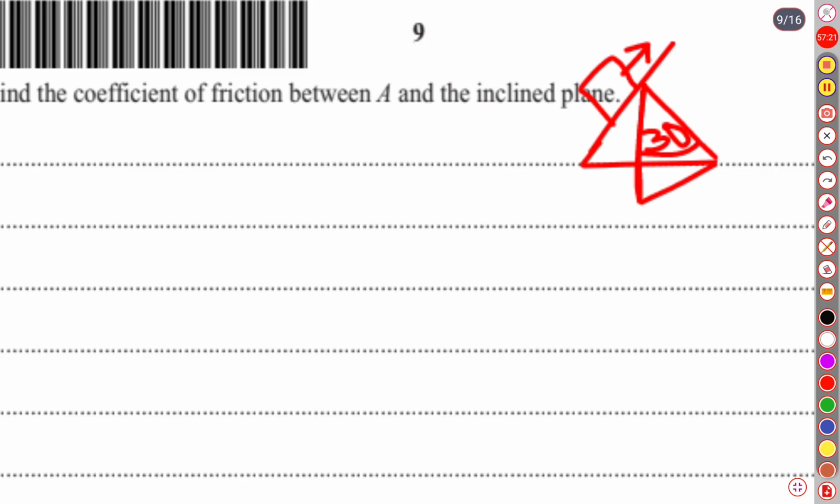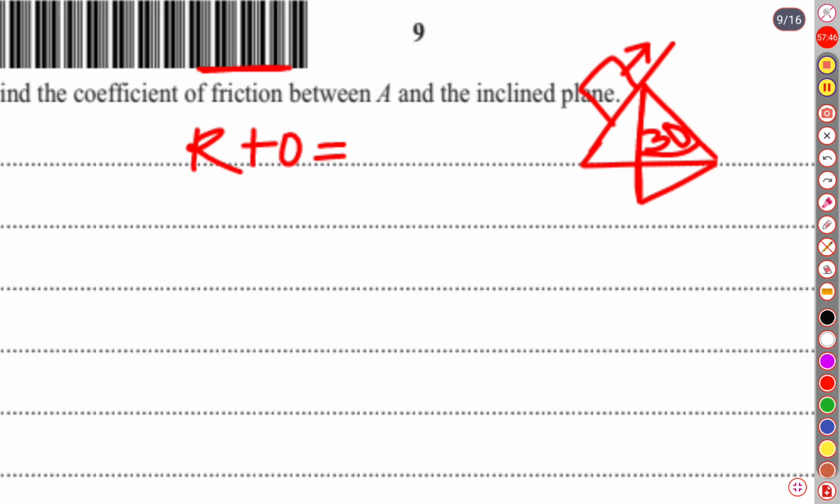Remember, particle A was passing through a rough surface. Whenever there is a rough surface, we will have to find the normal reaction. So let us find the normal reaction. R plus 0 is equal to the downward forces. There is no upward force acting on the particle.